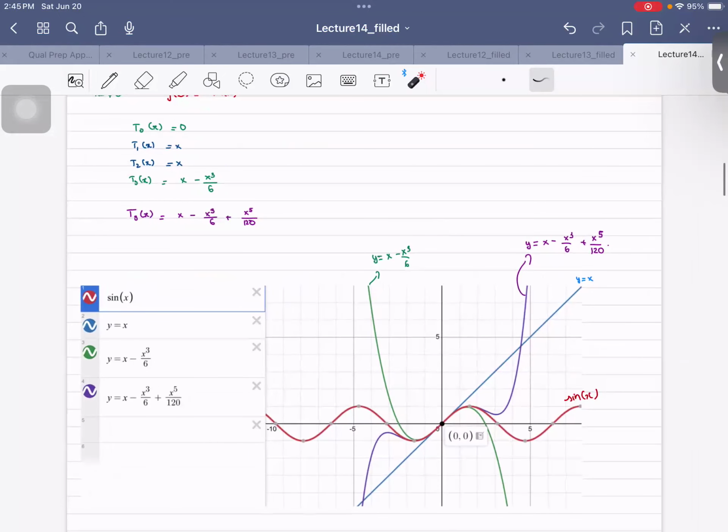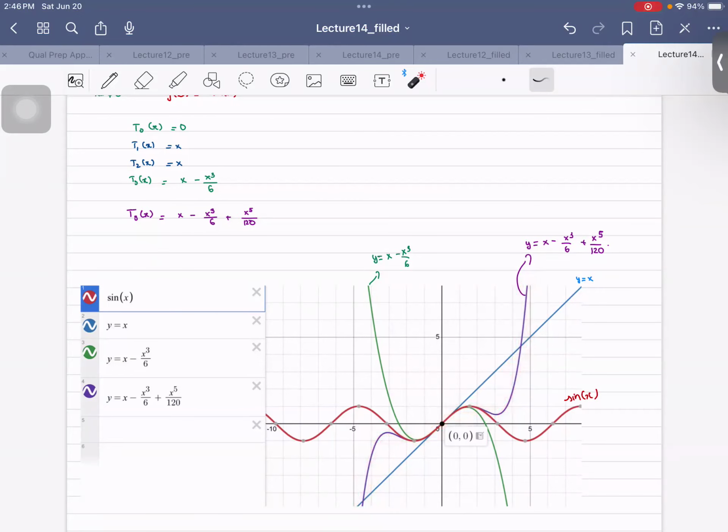And if you want to use more terms, over here I use the Taylor polynomial of degree 5. Okay, so when I wrote this down and graphed this function, the purple curve over here is my approximated function.